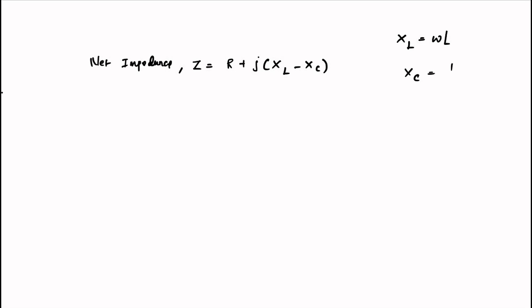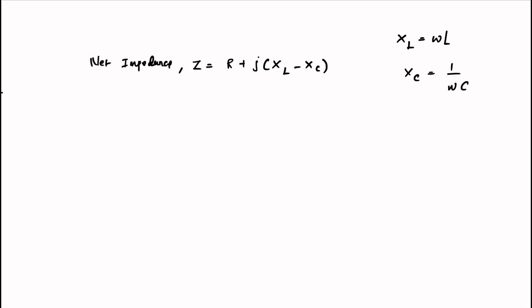So here for an RLC circuit, the net impedance is equal to R plus j(XL minus XC), where XL is equal to omega L, XC is equal to 1 by omega C. The inductor and capacitor, they are frequency dependent elements.